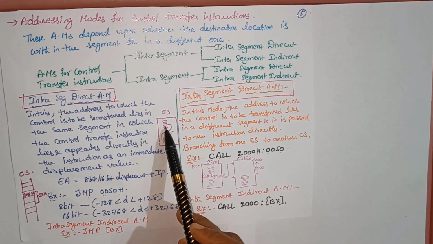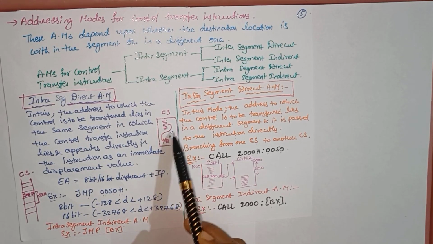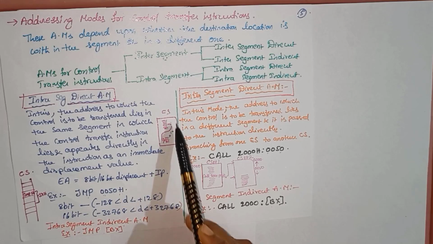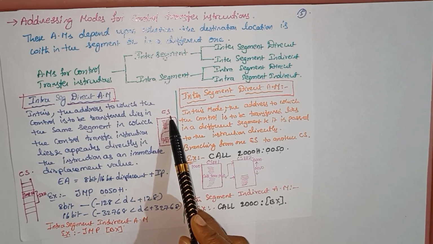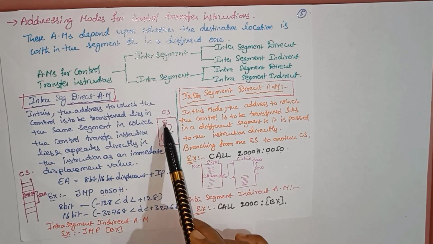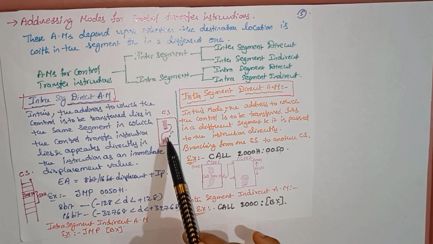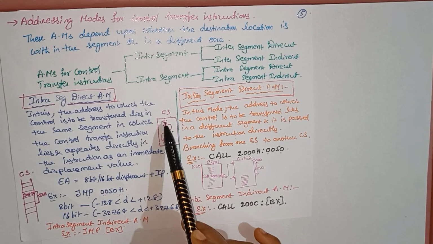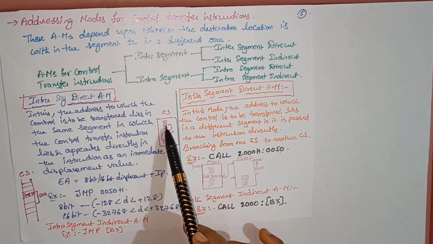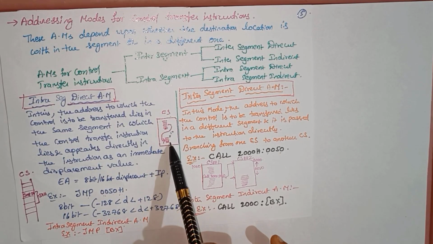Here the main program and subprogram both reside in the same segment. Here code segment is used because instructions are stored in the code segment only. A set of instructions is nothing but a program, and a program is nothing but code. Code is stored in the code segment only.